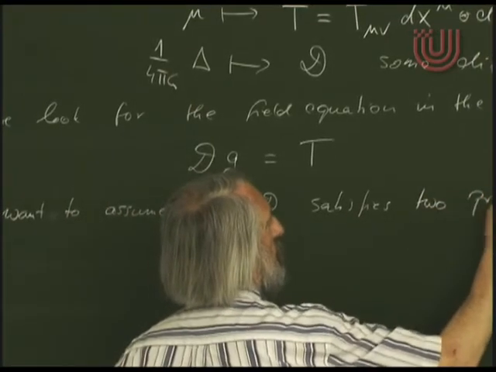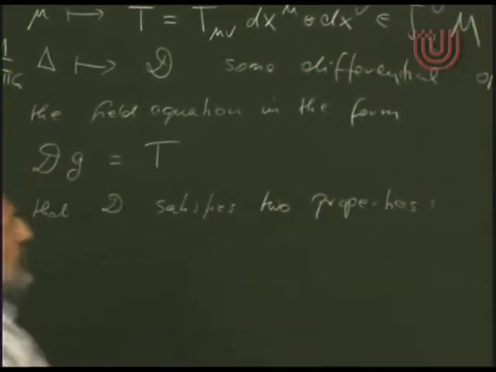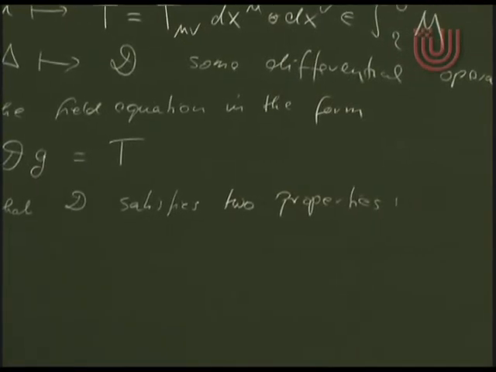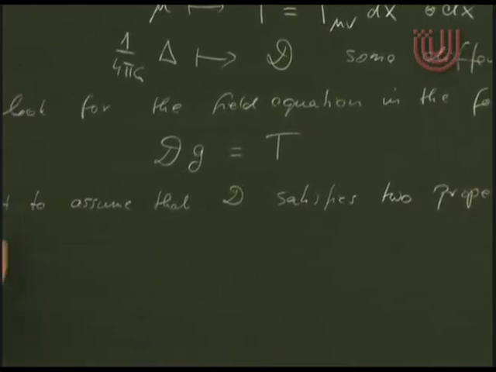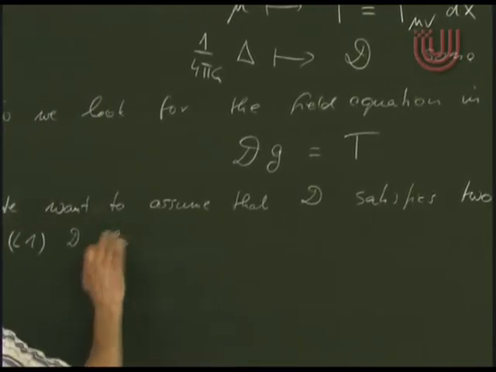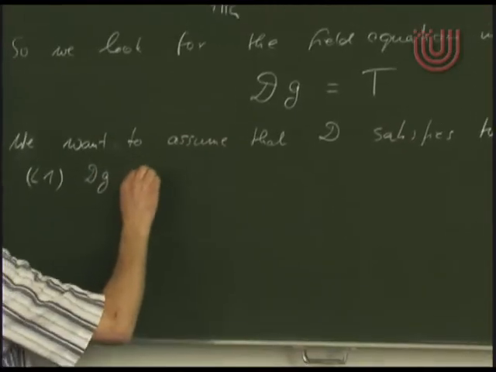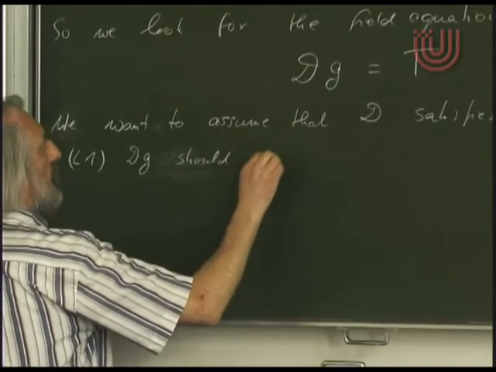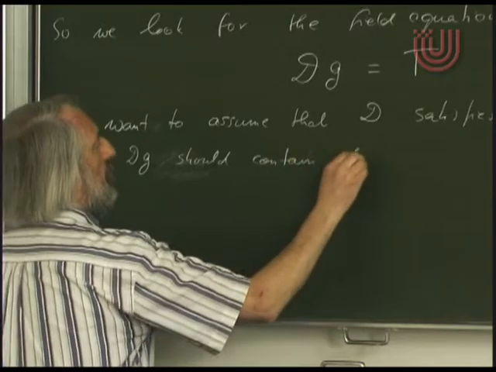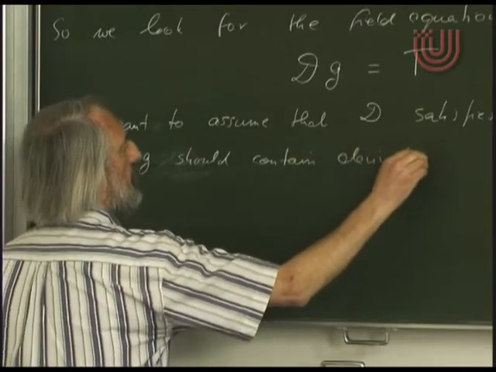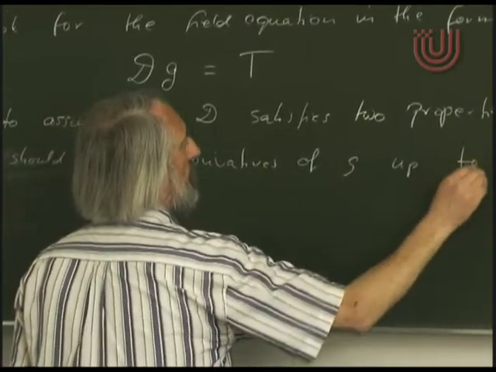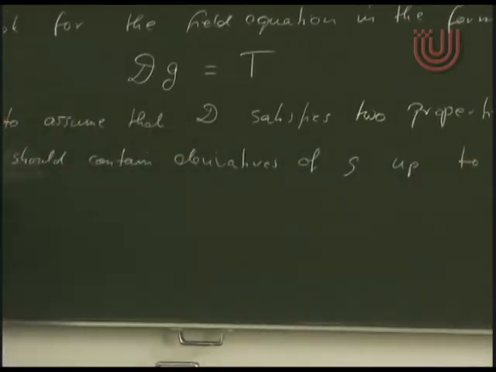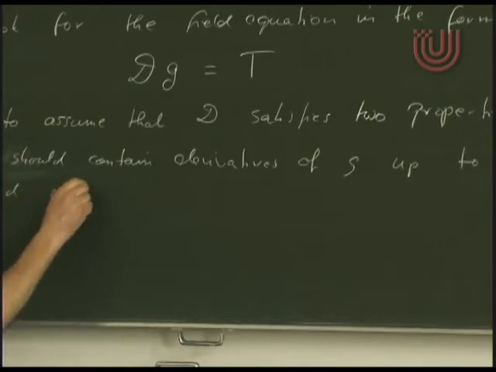And of course, we should discuss if you find these properties natural or reasonable. I call them L1 and L2. The first one is: D, or let me apply it to the G, DG should contain derivatives of G up to second order only. So I want to have a second order differential equation.